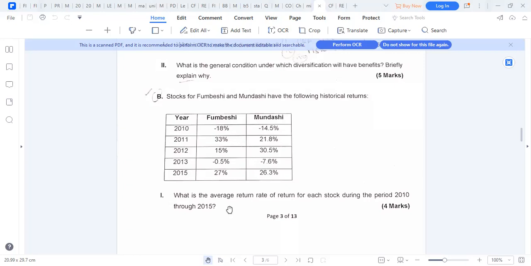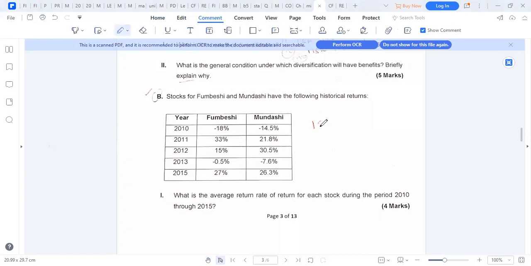What probabilities do we use? 0.2. 100 divided by 5, which is 0.2. Everything I mentioned was very important. So 0.2, then you do each of these returns, you get your 4 marks.